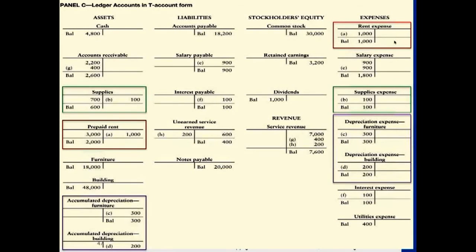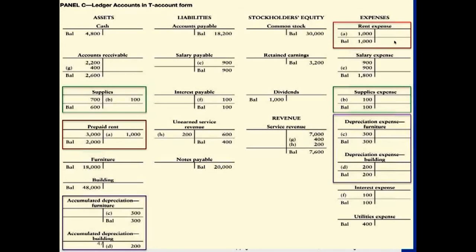All right, next we have C and D. So what are C and D representing there? Depreciation, and specifically this relates to the furniture and building that we purchased earlier. We have furniture, historical cost, we purchased about $18,000. There's a building worth $48,000. Remember, those two amounts will stay there representing the original cost.